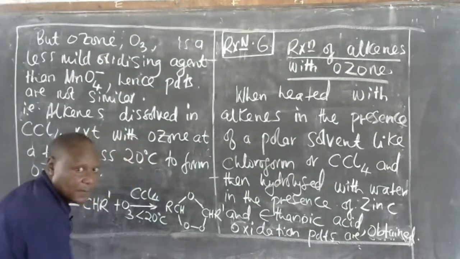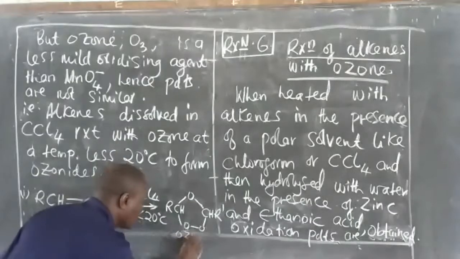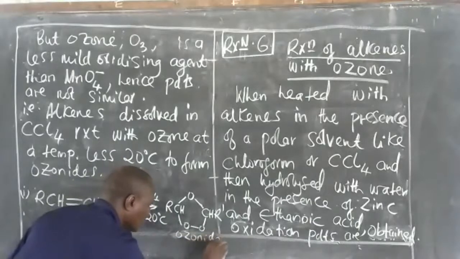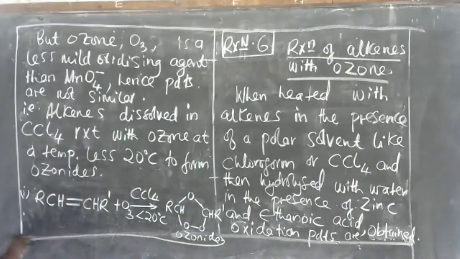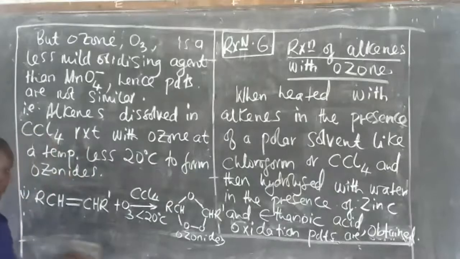This is our ozonide. Remember, we said that the ozonide obtained is very unstable.